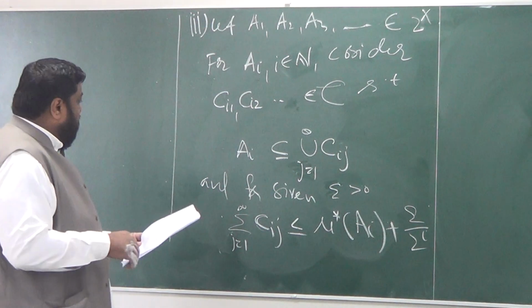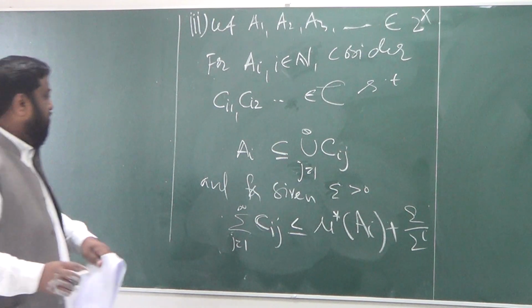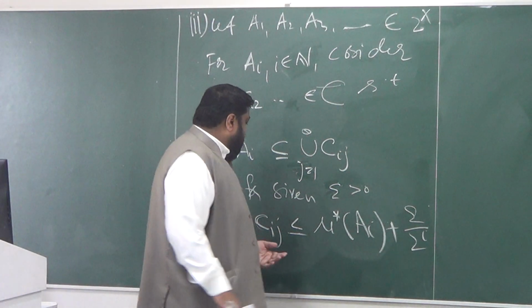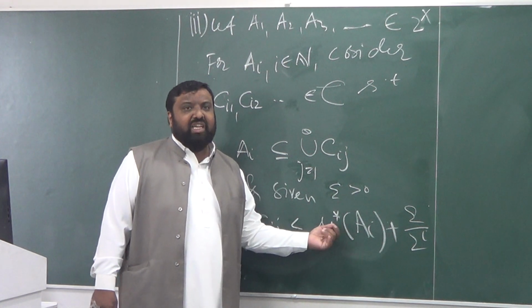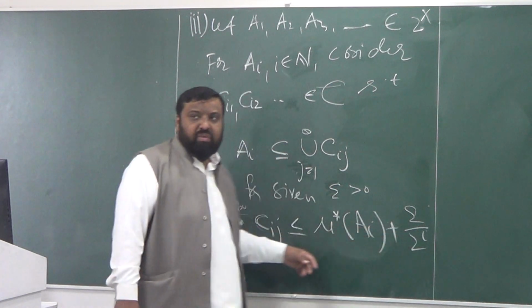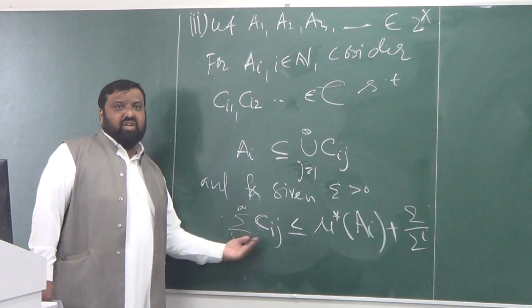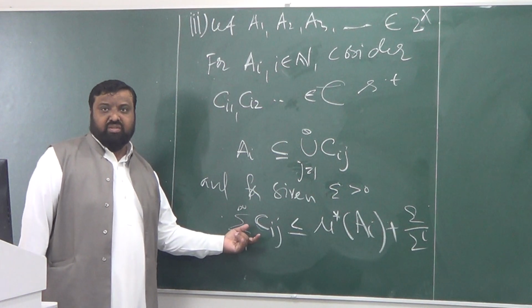In other words, what I'm assuming is that mu star of Ai, which is the infimum, is this much away from the given covering actually. This is what I'm assuming now.